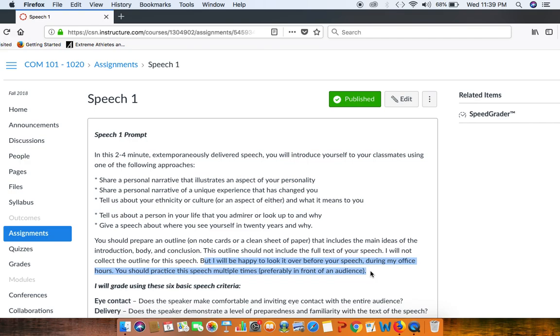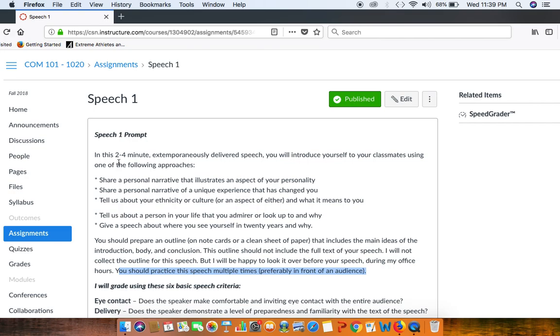You should practice this speech multiple times, preferably in front of an audience. Now, the old textbook I used to teach suggested that for every minute of public speaking, it required 1 to 2 hours of preparation.